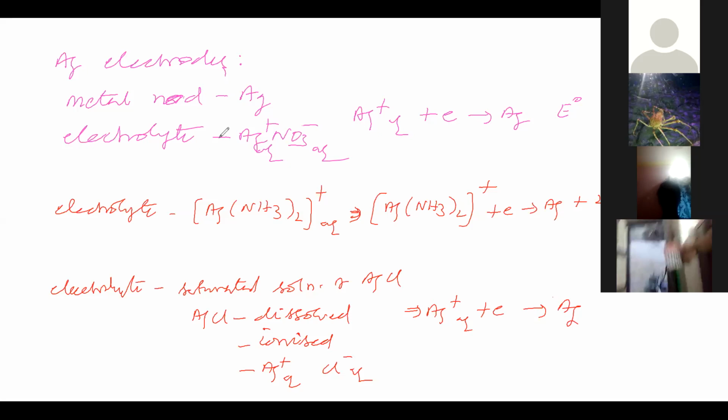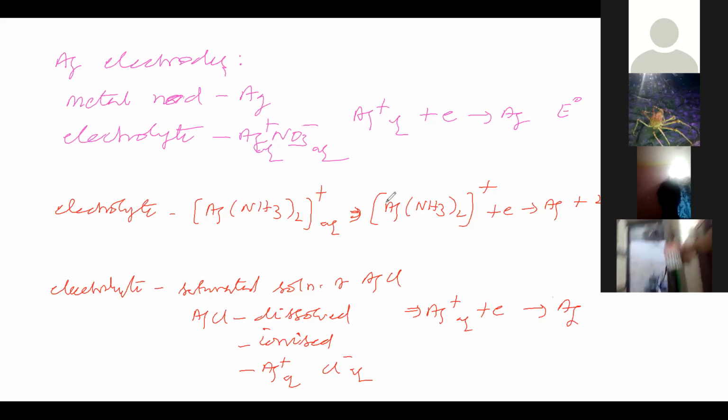Now see, this is a silver electrode, this is a silver electrode, this is also a silver electrode. In all three cases, the metal rod is silver. But the electrolyte is silver nitrate solution here, a complex here, and a saturated solution of silver chloride here. Here Ag plus is completely free.